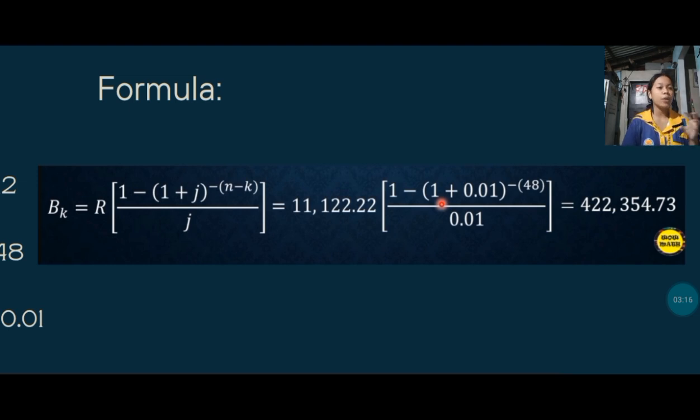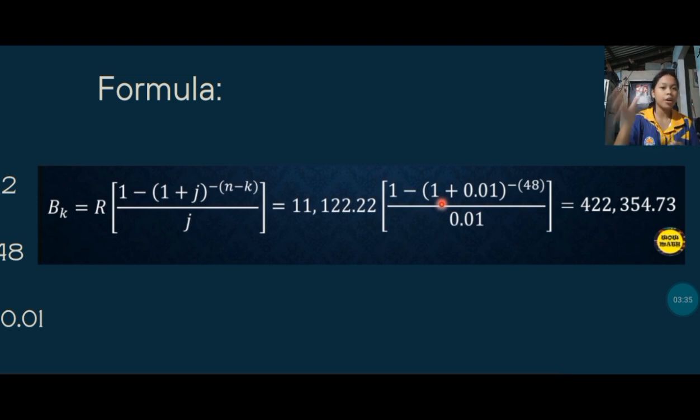So that's our formula. We're just going to substitute each given. Our regular payment R is 11,122.22.